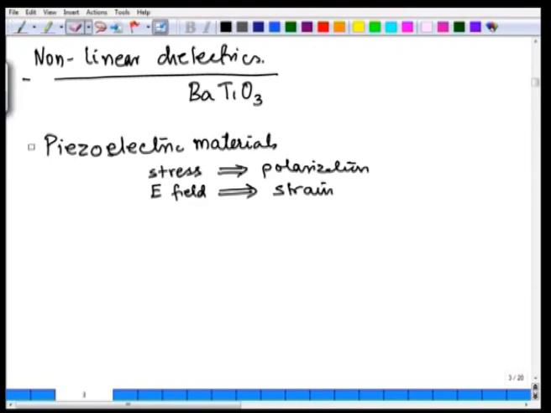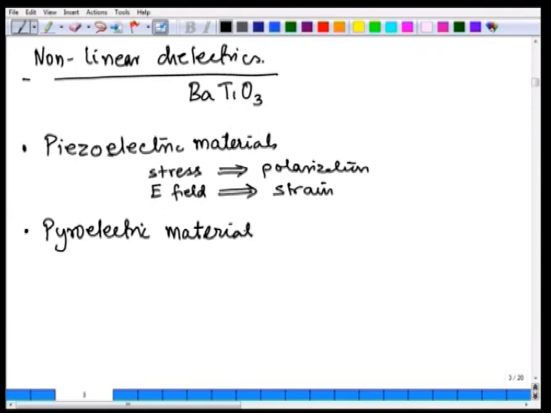Then you can also look at another kind of material, which is called a pyroelectric material. In this case, if you apply a temperature gradient, if you change the temperature, you get what is called spontaneous polarization. What does that mean?